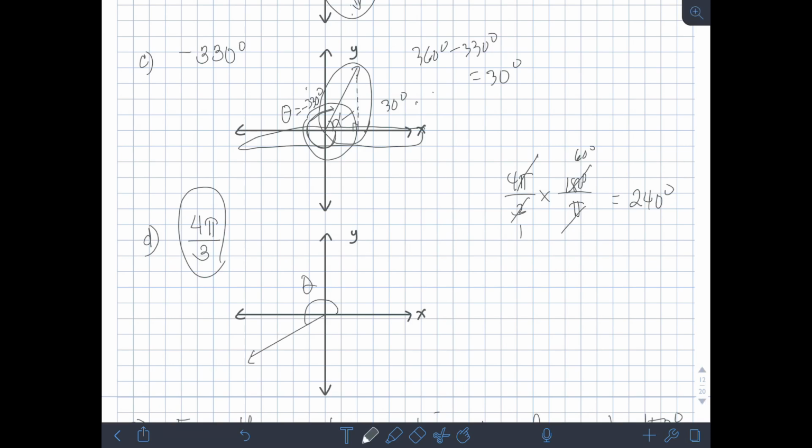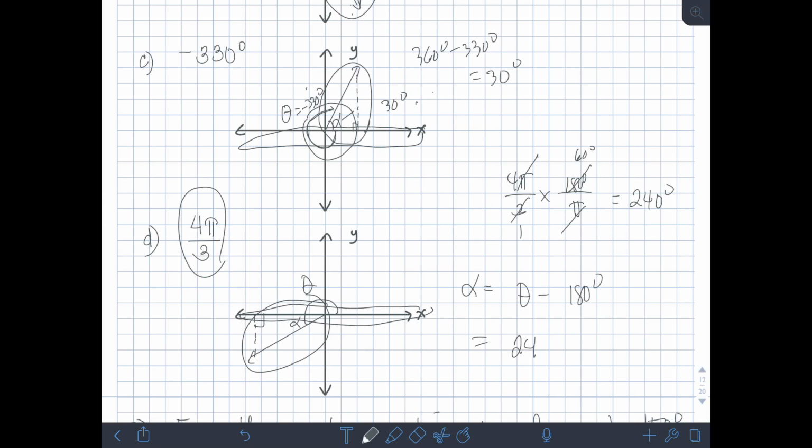So, siya si theta. And then, hanapin natin yung reference angle alpha with respect ulit dito sa x-axis. So, ito yung magiging reference triangle natin. Okay, so, formula natin kanina kapag nasa quadrant 3, ang reference angle natin ay theta minus 180 degree.